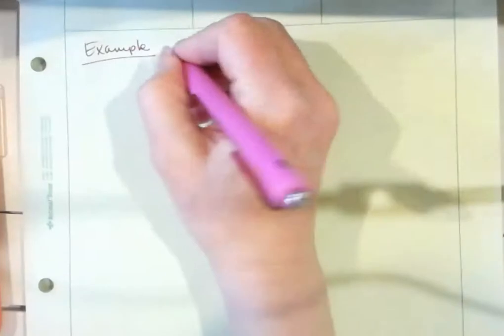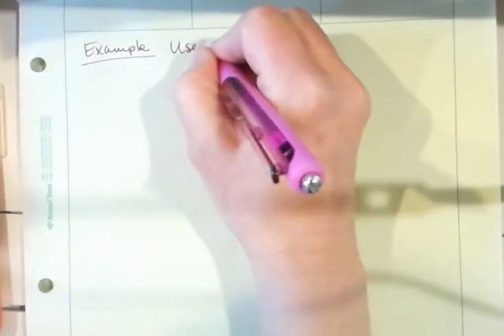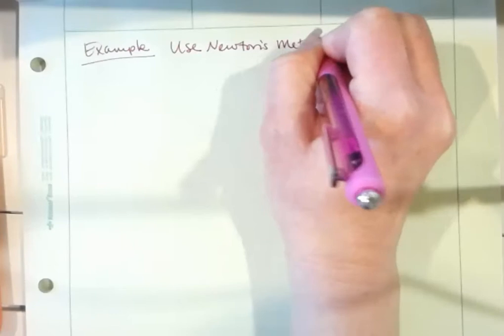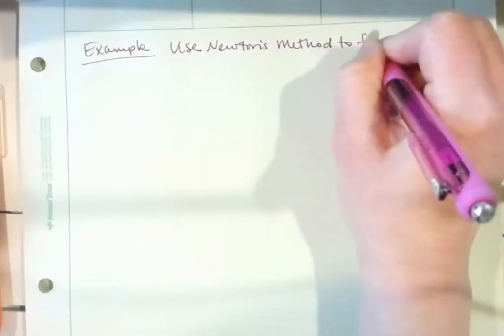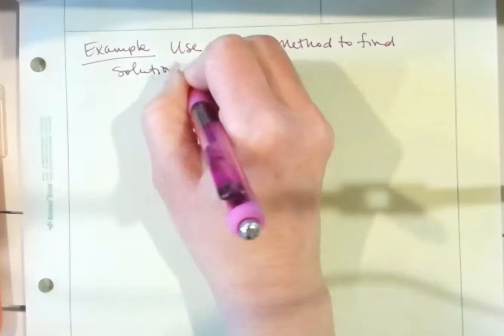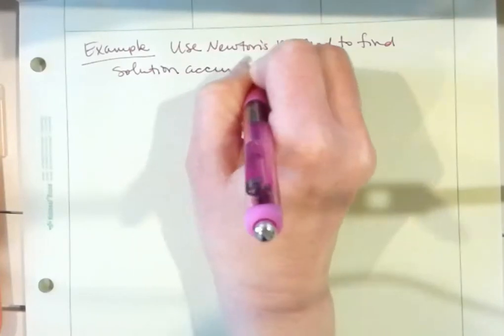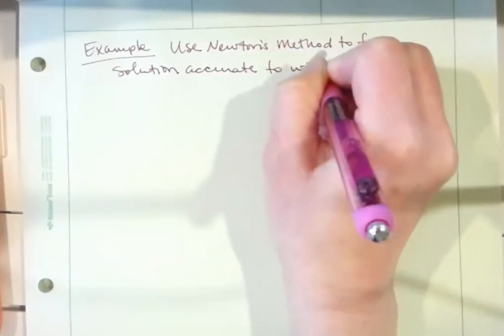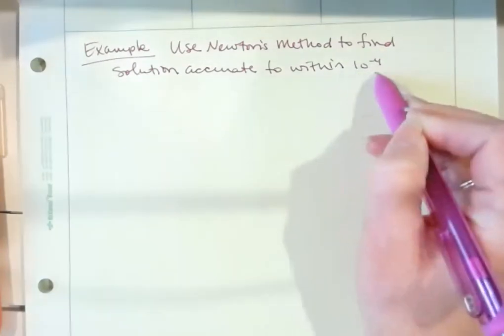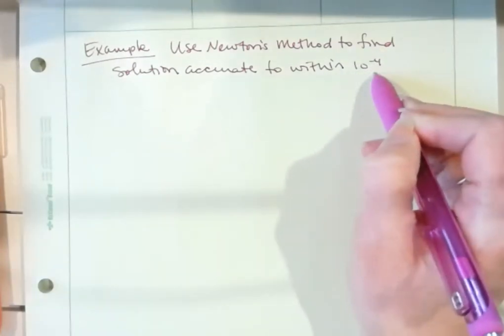All right, so for this example, we're going to use Newton's method to find the solution accurate to within 10 to the negative 4. So 10 to the negative 4, that's going to be your tolerance.